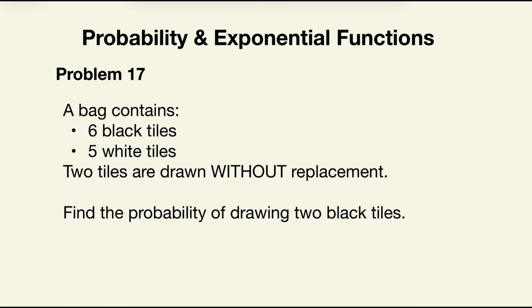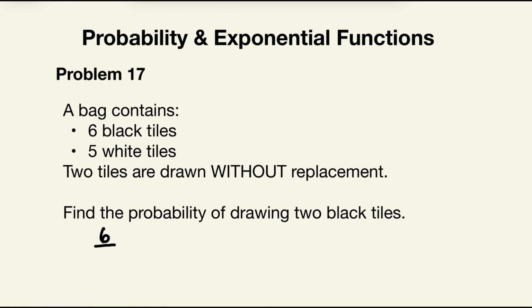Okay, so here we are working with probability and exponential functions. Problem 17 reads, a bag contains 6 black tiles and 5 white tiles. 2 tiles are drawn without replacement. Find the probability of drawing 2 black tiles. So for the first probability, we have 6 out of 11. Remember, the top number is 6.